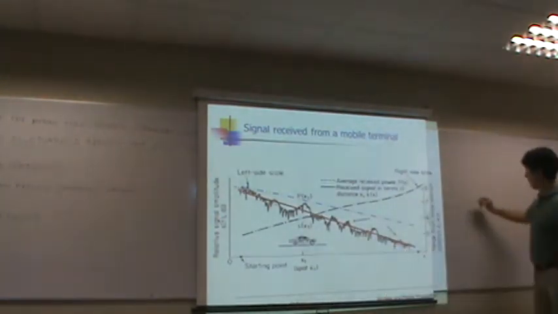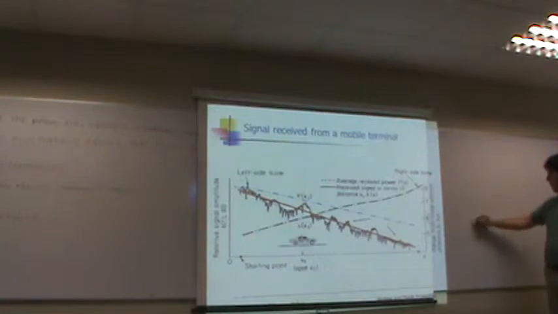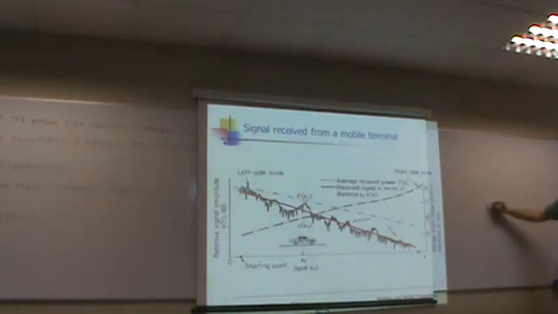Imagine that you are moving along the road and you have a transmitter here. Then you will have visibility up to here, and you will have shadowing by this building, and then maybe visibility again.